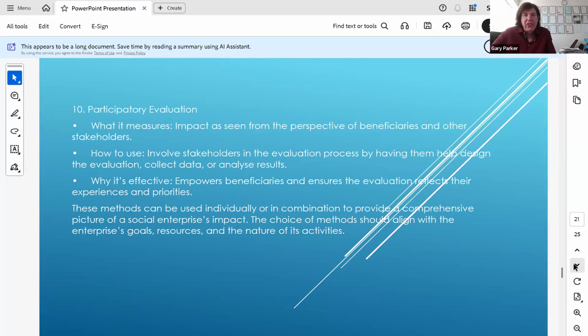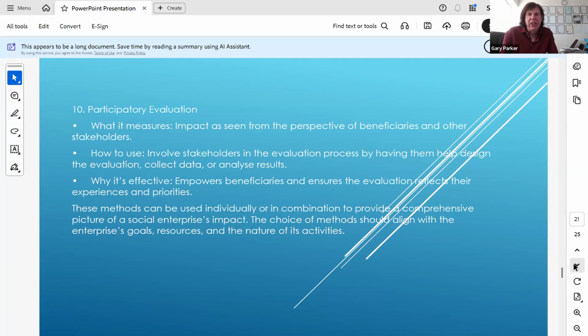So how you do this, that sounds perhaps a bit more complicated than it is. You involve stakeholders in the evaluation process by having them help design the evaluation, collect data, or analyze results. Indeed, some projects are now subject to co-production, so they're developed with your stakeholders.